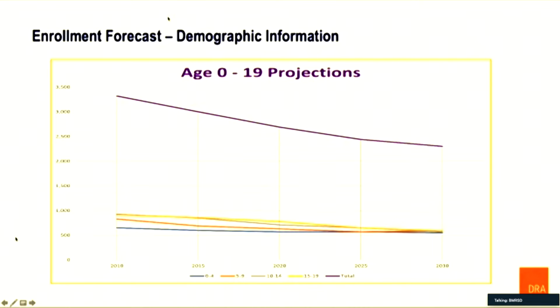And you can see the lines at the bottom, the 0 to 4, 5 to 9, 10 to 14, 15 to 19. The 0 to 4 flattens out as we go out across this. So our youngest kids are sloping downwards and then flattening out, and everyone's kind of flattening, and then out about 15 years, it starts to tail up just a little bit.